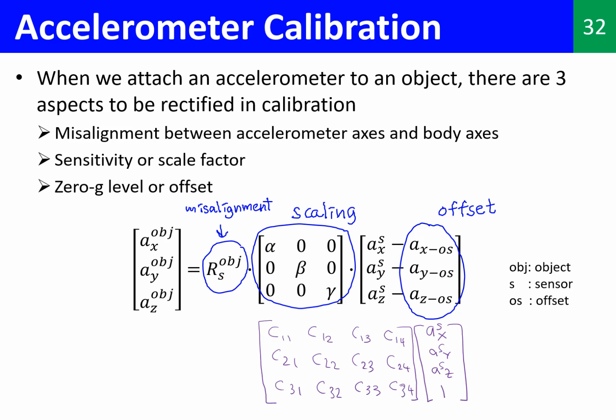With homogeneous coordinates, you can understand that these three will be added, just like what we had in the previous slide.